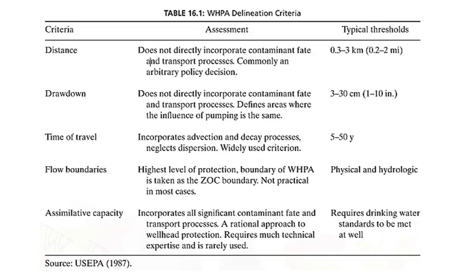The distance and drawdown criteria are mostly arbitrary criteria. All right, they don't really relate so much to the actual contaminant transport processes. So we are essentially just guessing where we are using a distance and drawdown criteria.